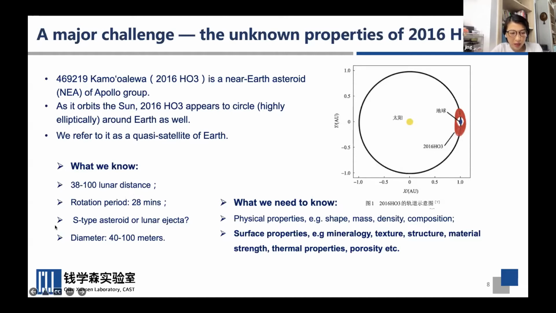It might be an S-type asteroid, but also, later, like this year or last year, a new publication proposed it might be a lunar ejecta. So it will be very interesting if it came from the Earth's moon. That makes our mission more meaningful, I think. The diameter is 40 to 100 meters. So that's what we know right now.